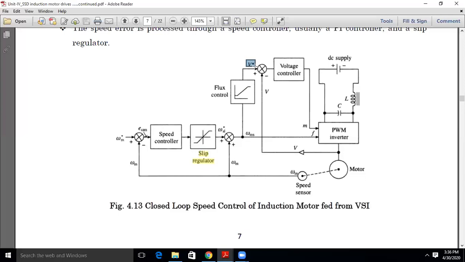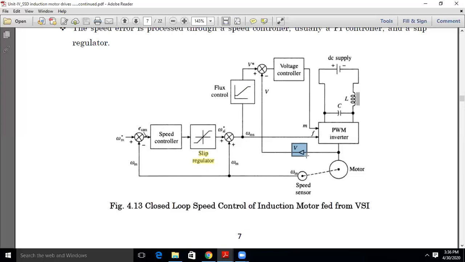Next, the actual operating voltage of the induction motor is sensed by using a voltage sensor from the input terminals of the induction motor.